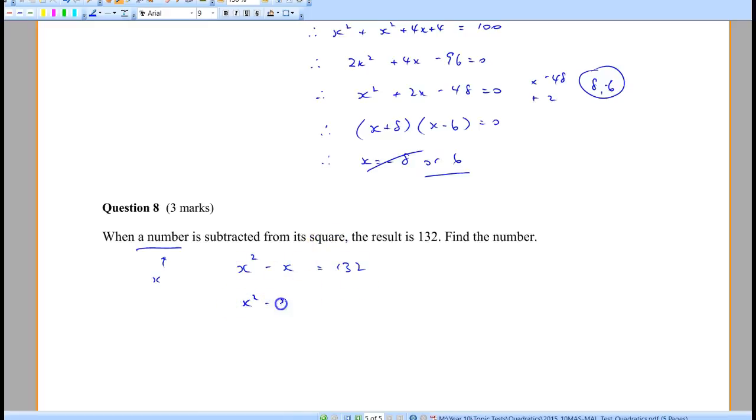And we'd solve this by bringing this 132 across, and then we'd factorize it. 11 times 12 is 132. So if we make the 12 negative and the 11 positive, we'll get minus 1 as a sum. So therefore x will equal 12 or minus 11, and both those solutions work for the number.